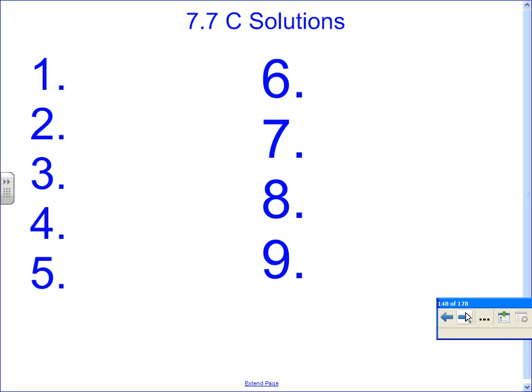Okay, so numbers 1 through 6, for 1 through 4, you should be giving 2 answers. So let's start with number 1, Doug. I need 2 answers from that, the interest and the balance.